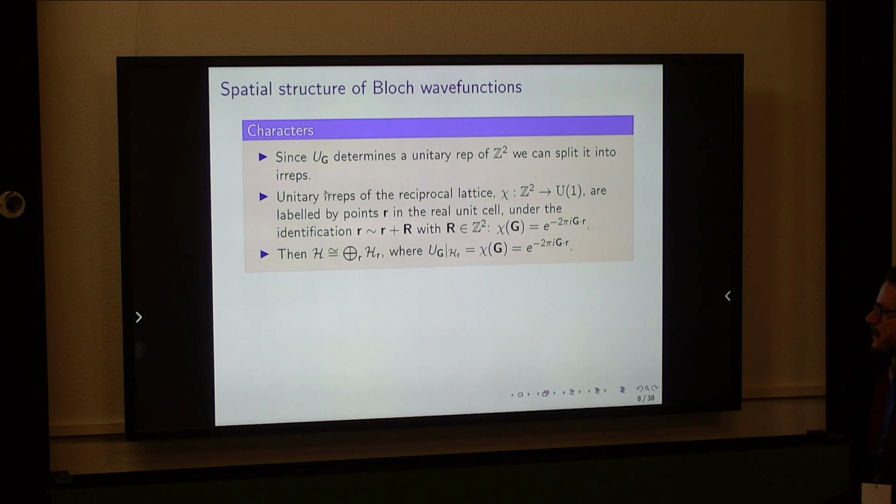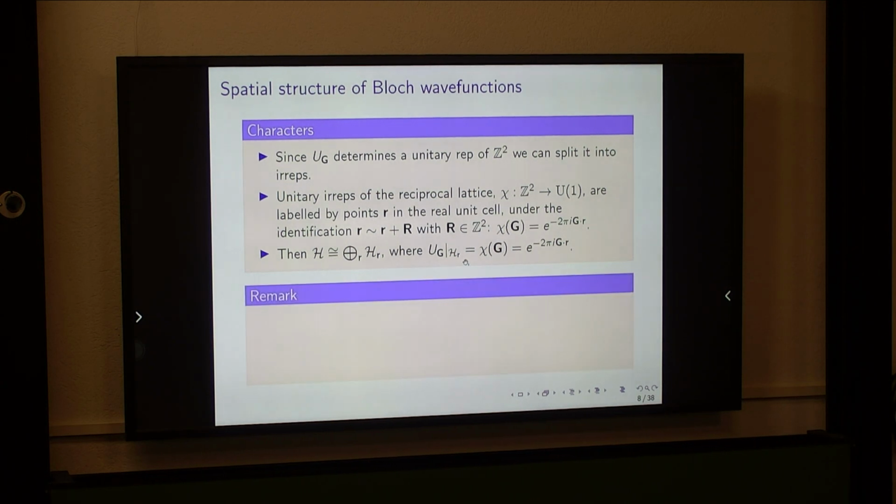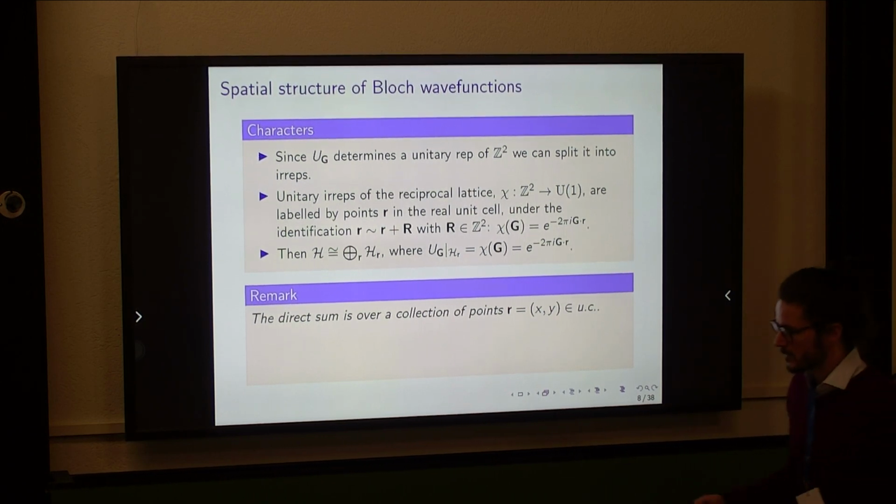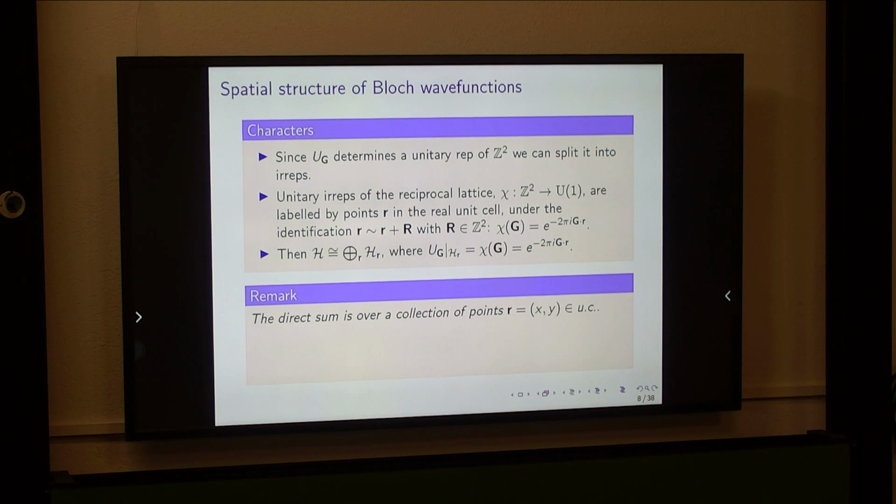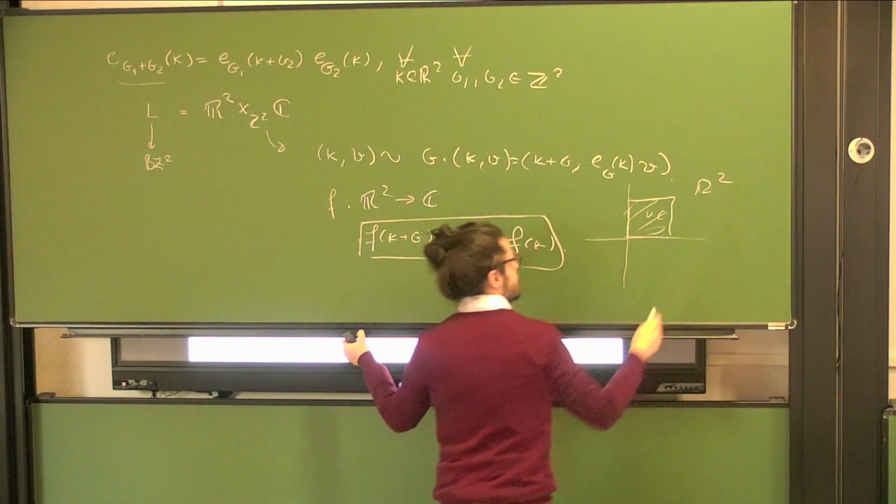And then what happens is that I split my Hilbert space into a direct sum where this unitary acts on each factor by a character. Okay? Remark. The direct sum is over a collection of points in the unit cell, so the little rectangle in R2.